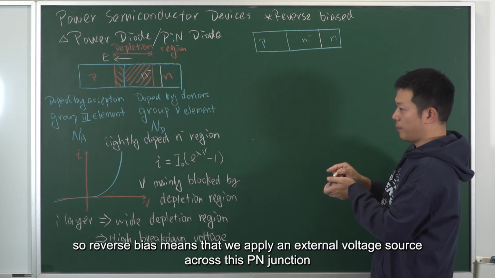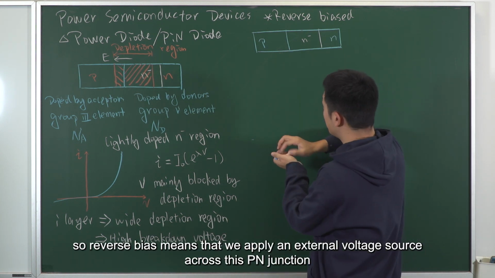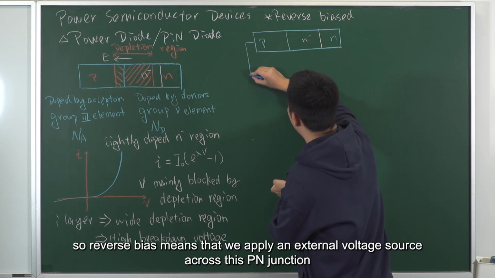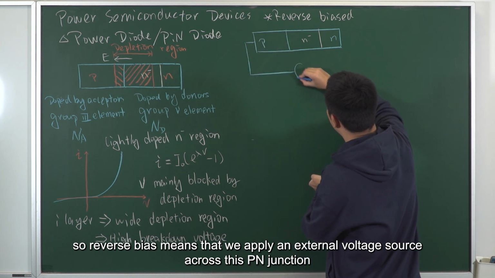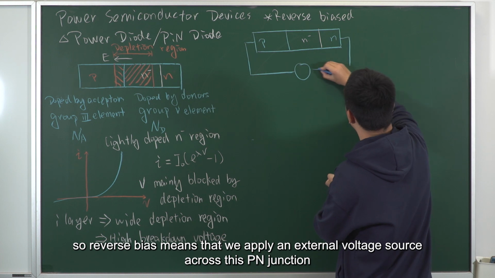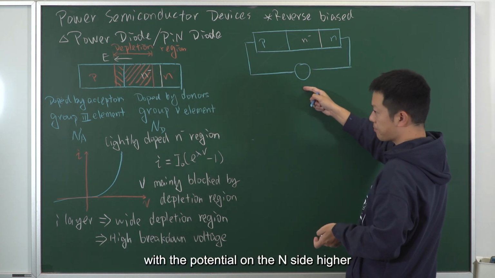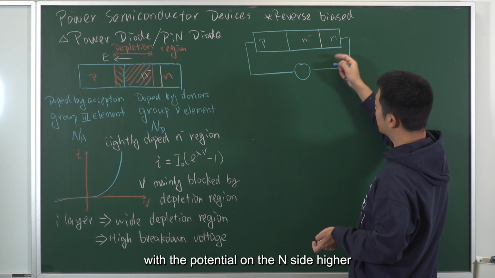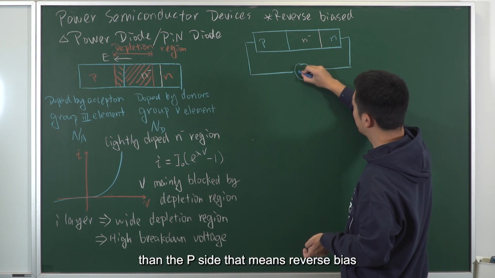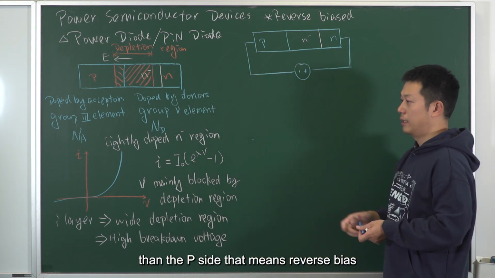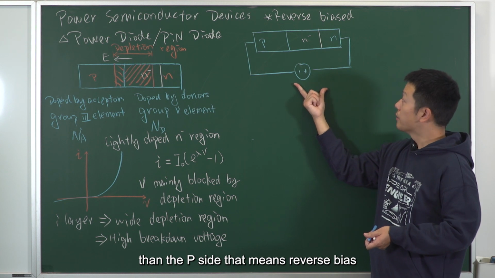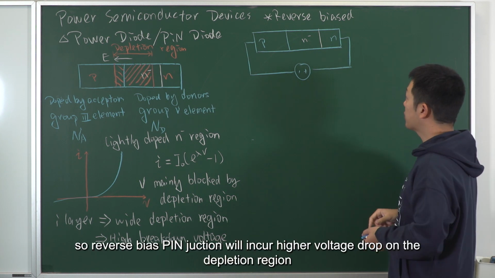So reverse biased means that we apply an external voltage source across this PN junction with the potential on the N side higher than the P side. That means reverse biased.